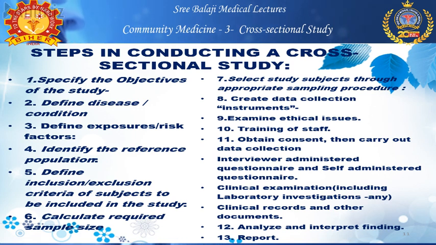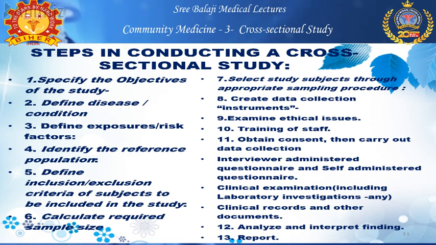Next comes the selection of study subjects through appropriate sampling procedure. So, say for example, in the Anagaputhur area, there are about 1000 under 5 children. We need not collect data from 1000 under 5 children. We need only a representative sample from that. Say for example, our sample size is 300.